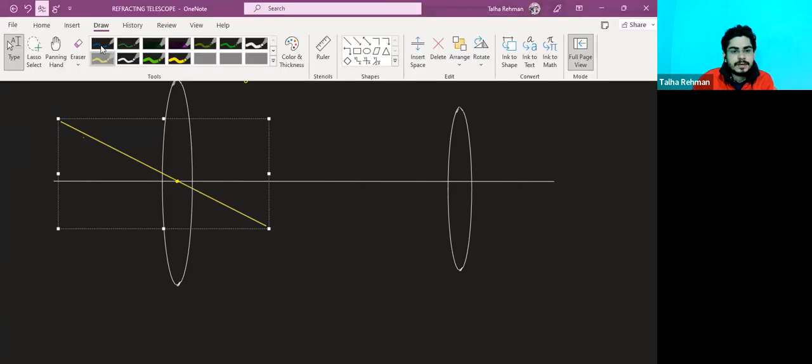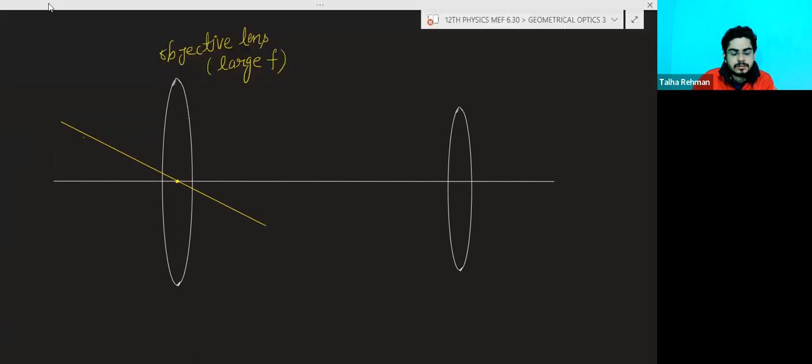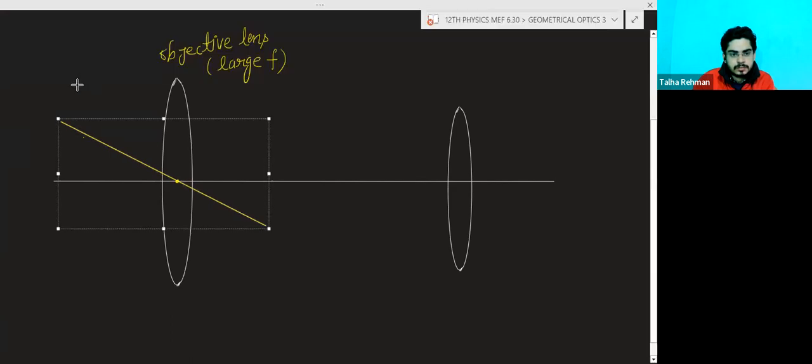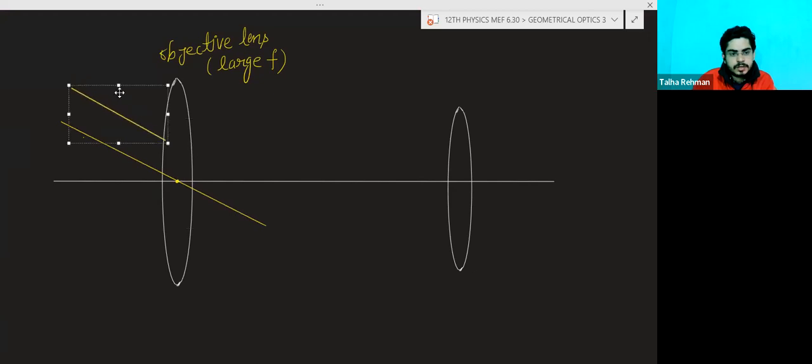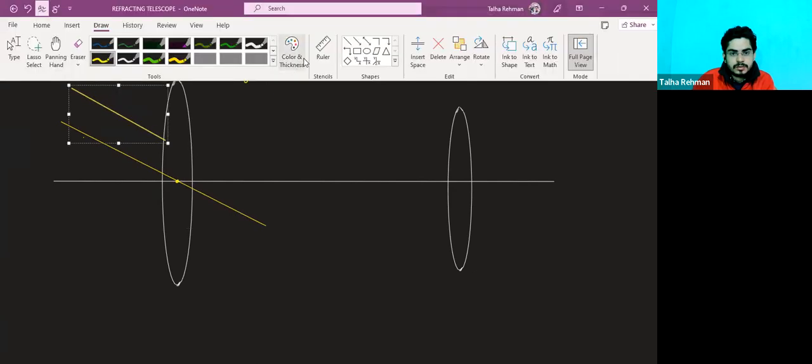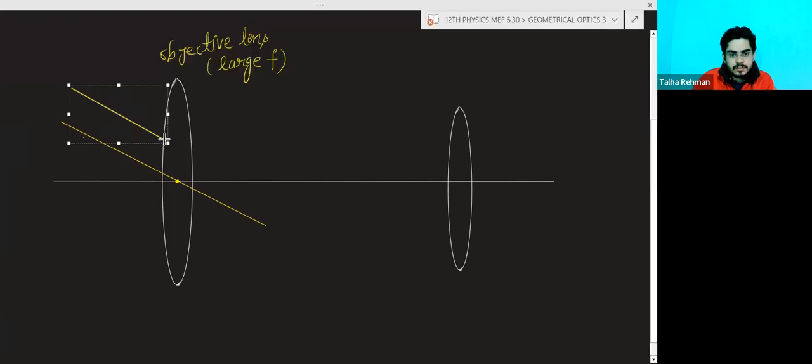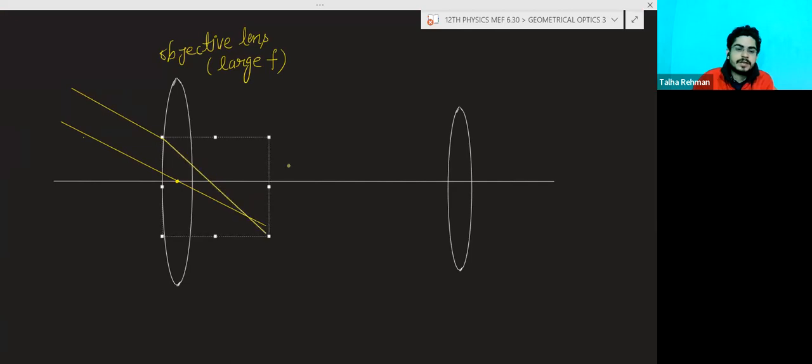And another parallel ray, suppose like this. Okay, now after refraction, this ray will meet this ray like this somewhere here.